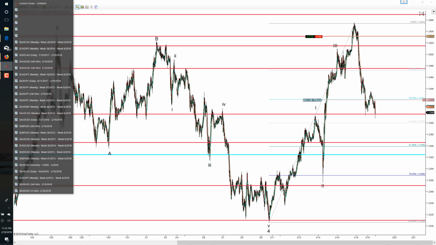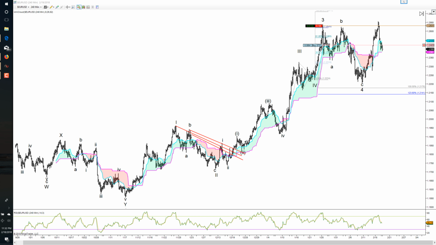If you look at it, and I'll come back to the 15-minute chart again, even if you look at it on a 4-hour chart, if you have this as the top of 3, and then you have this as a 3-wave move, so this is the A, this is the B, and then you have the C of 4.